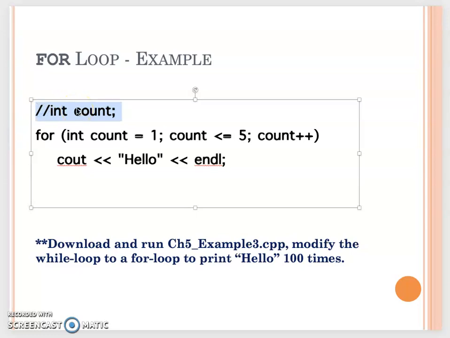So that's why most of the time you see it look like this. Because if the counter is only used for this for loop, we can declare it in the initialization and assign the value. In this example, we want to print hello 5 times. The second part is our condition, count less than or equal to 5.